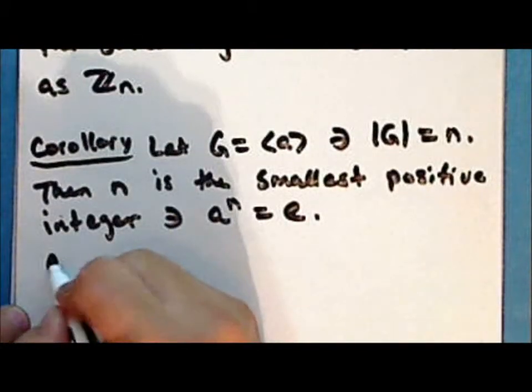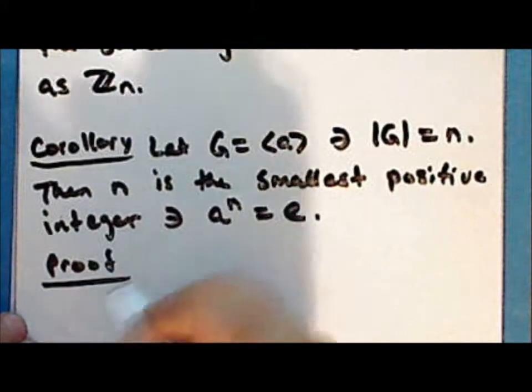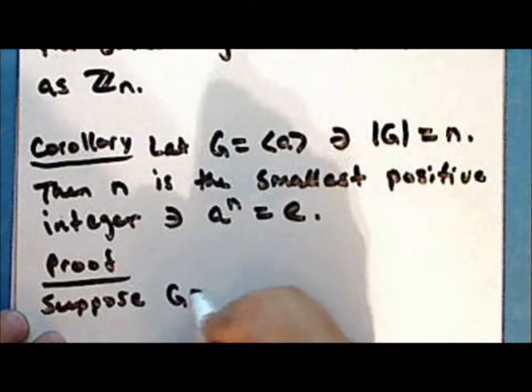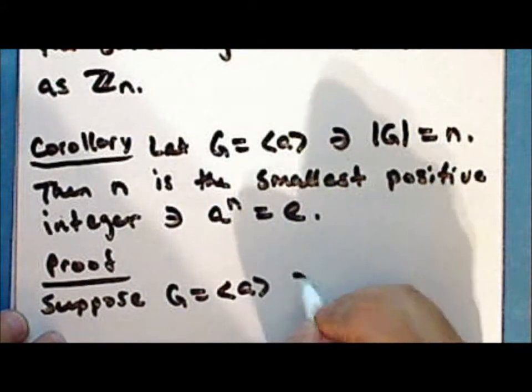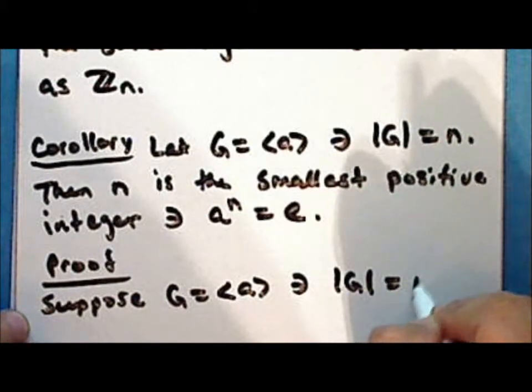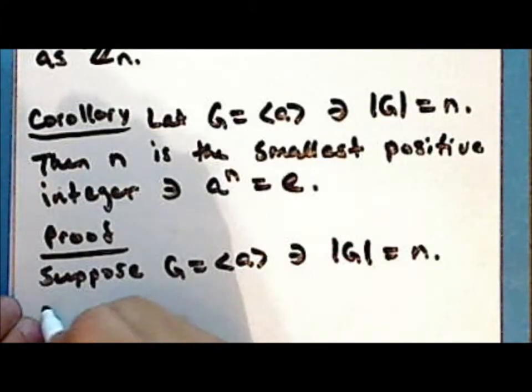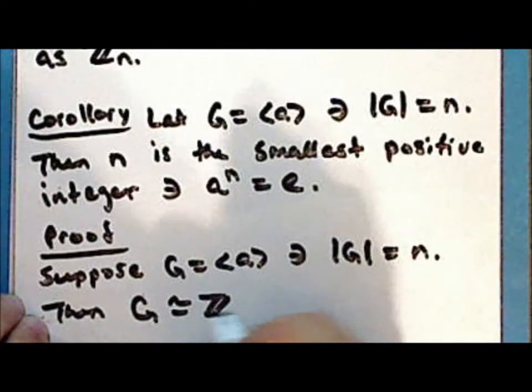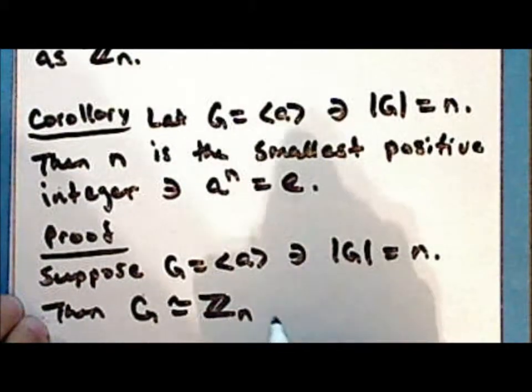So proof. Suppose that G is a cyclic group of order n, then the group is isomorphic to the integers modulo n under addition modulo n.